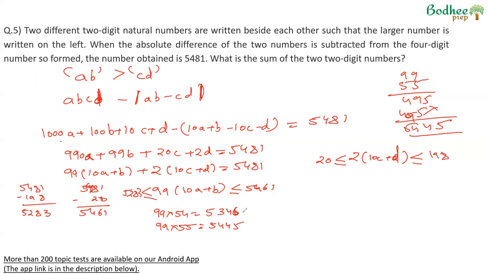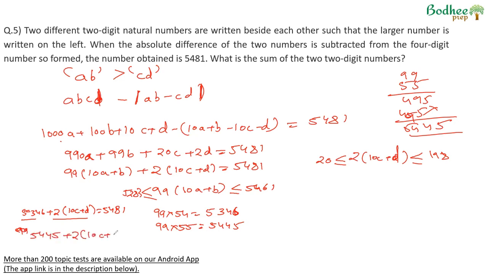Now, if you look at 10C plus D, basically what we have is either 5346 plus 2 into (10C plus D) is 5481. This would be odd, but 2 into (10C plus D) is even, so it cannot be odd. Therefore, 99 into 55, that is 5445, plus 2 into (10C plus D) is the only possibility for a total of 5481.